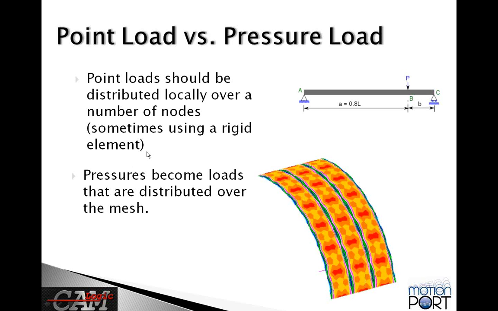And so with FEMAP, you can use a rigid element where you apply that value for the concentrated load at a master node in the middle of the hole, and then have rigid, basically spokes coming out to the exterior circumference of the hole, and then thereby distributing the load over those nodes. And that's a kind of a best practice for doing that kind of loading.